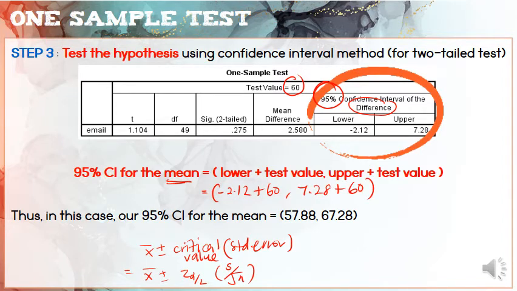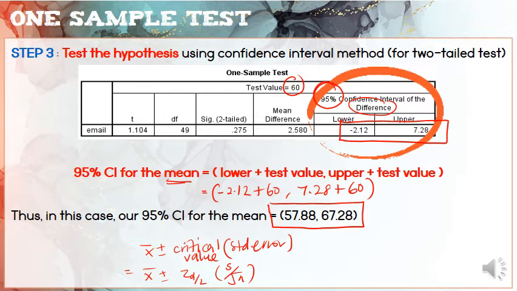So inilah awak punya confidence interval untuk mean. Yang ini confidence interval untuk perbezaan di antara dua mean. So dia tak sama. Okay. So pastikan awak tambahkan dengan your test value.